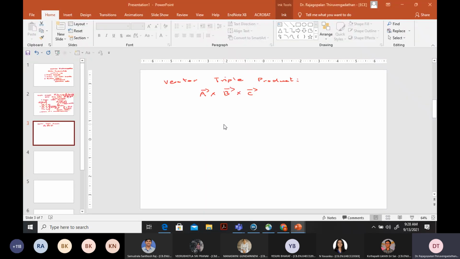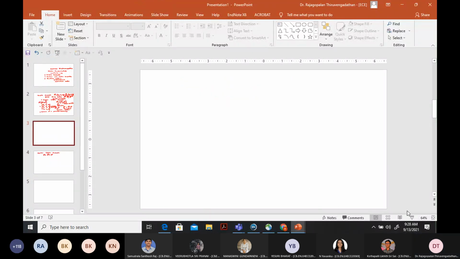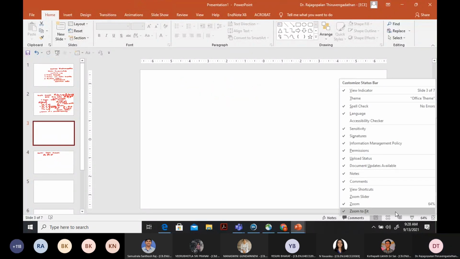Not to confuse you, I can insert a slide over here. So scalar triple product A dot B cross C, something I needed to tell you just for the sake of completion.